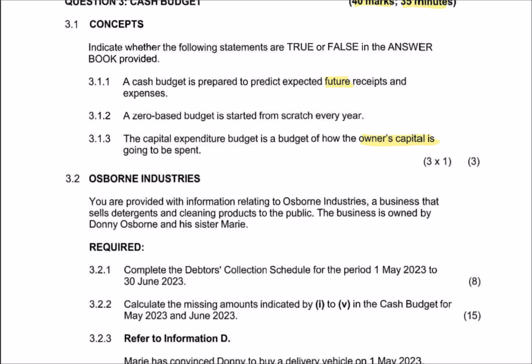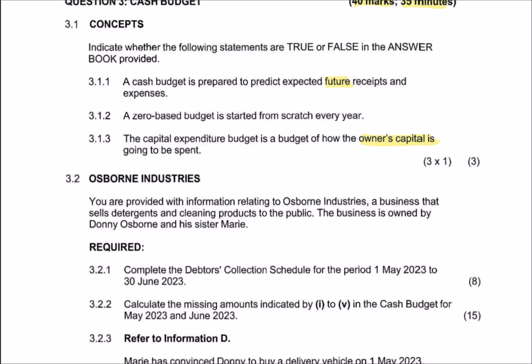So when we talk about capital expenditure, we're not looking at how the owner's capital is going to be spent, but we're talking about spending on capital assets. The money that is spent on capital assets, that's capital expenditure. So we're looking at what it is that you're going to buy, mostly fixed assets.